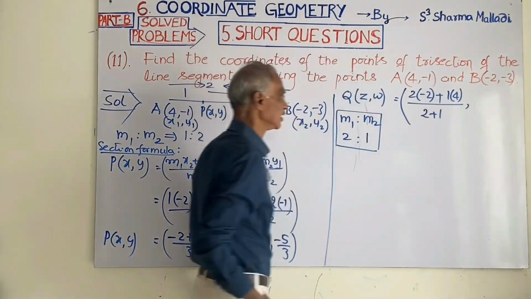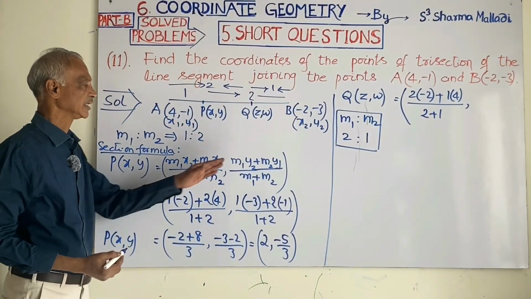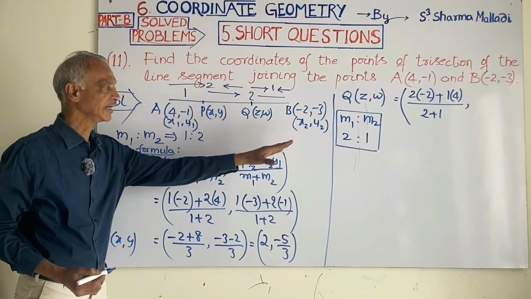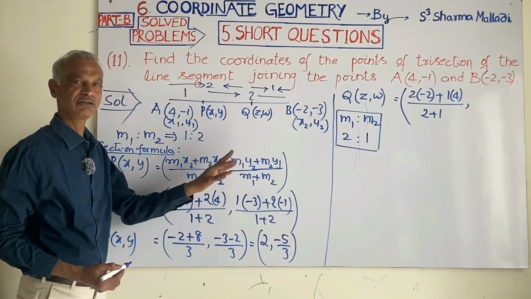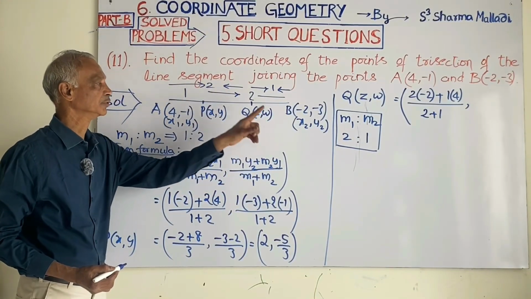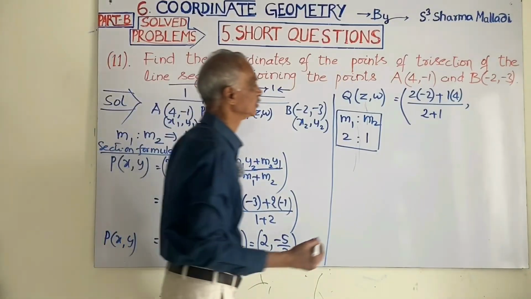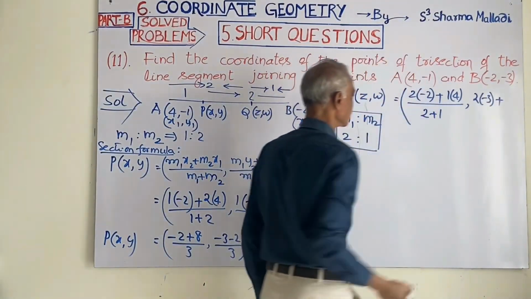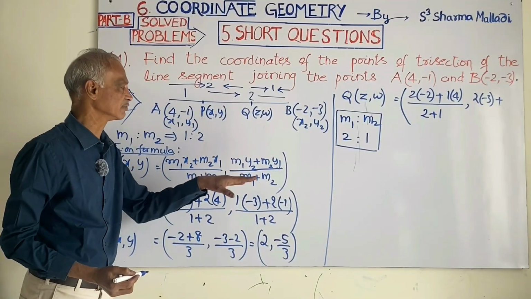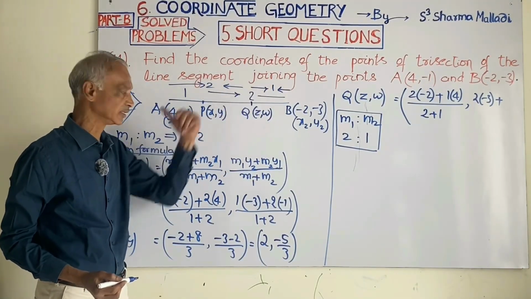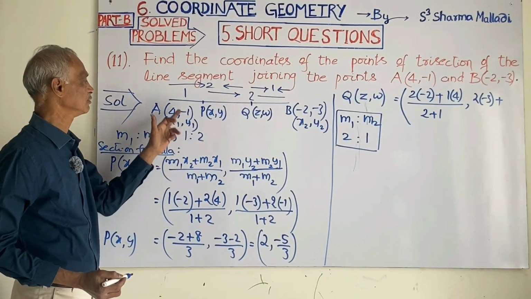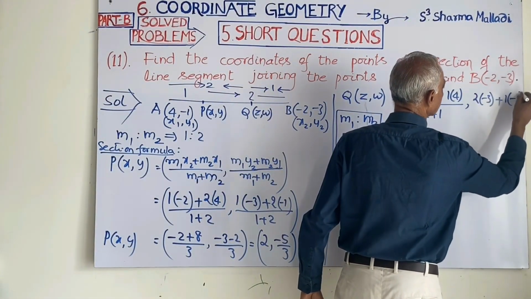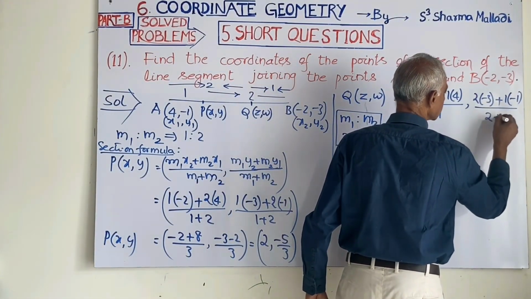Next, the y coordinate. m1 y2: m1 is 2, y2 is minus 3, so 2 into minus 3, plus m2 y1: m2 is 1, y1 is minus 1, so 1 into minus 1, by m1 plus m2, 2 plus 1.